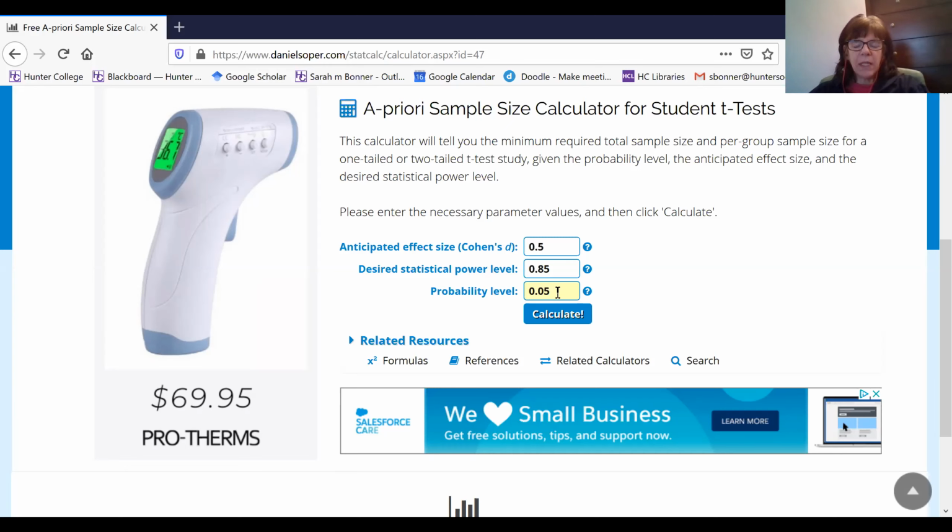I want to give myself a little more power, but I'm afraid I can't get a big enough sample size. We can mess around with this. You can see the more power you want, the bigger a sample size you need. And the probability level is your alpha, and you're going to be using 0.05 because that's traditional, unless you go for 0.01, which again will require a larger sample.